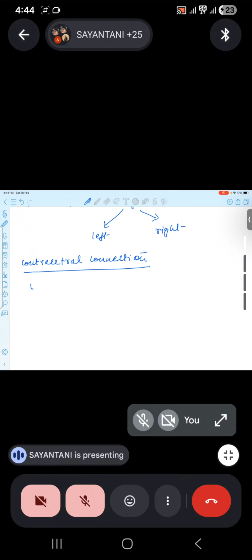So if you are moving your left hand, the right hemisphere is getting activated. And if you are moving the right hand, the left hemisphere is activated. This is referred to as the contralateral connection of the brain. That is how the brain functions.